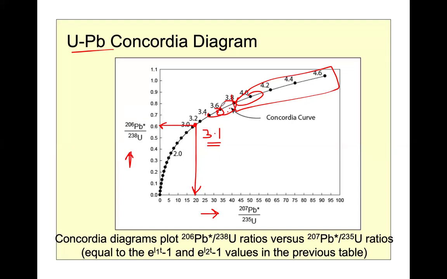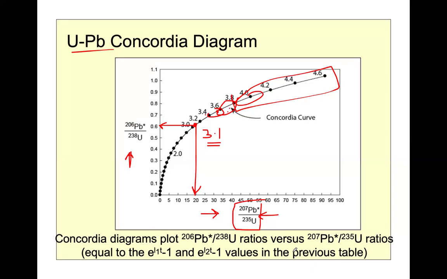So the one that I mentioned in the class as Ludwig's Excel sheet can provide you these Concordia diagrams as well, right? What you have to do is put in your raw values, meaning the ratios that you get from the machine. Actually, even from the machine you are not directly getting this ratio, right? You will get the other ratios that you consider, 207 over 204, 206 over 204, those values.